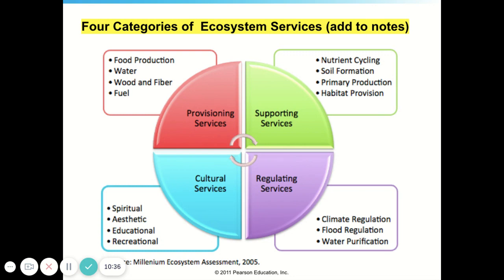The last one is cultural services, which include non-material benefits that people obtain from contact with ecosystems. And they would include spiritual, aesthetic, educational, and recreational. So being able to go hiking at Clinton Lake, the forest is providing us a cultural service.